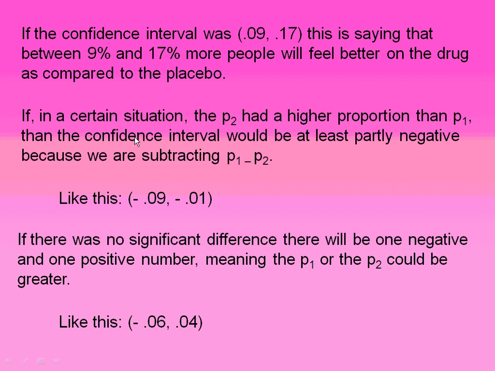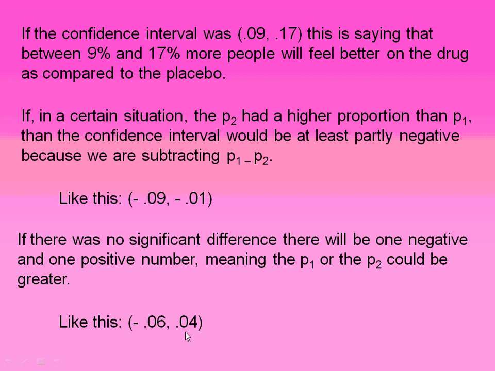If in a certain situation the p-hat2 was higher, you're going to get a negative interval, and that's fine. It's just saying that p1 minus p2 is a negative number, so a smaller minus a bigger number is going to give you negative numbers. So it's still saying that p2 is higher, but anywhere from 9% to 1% higher.